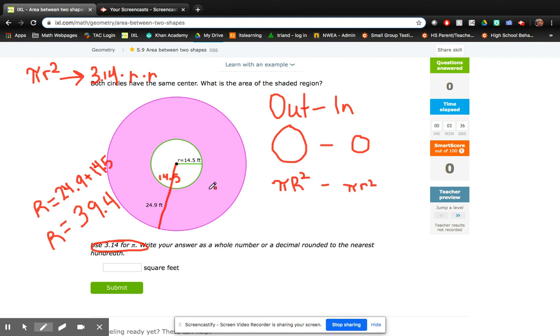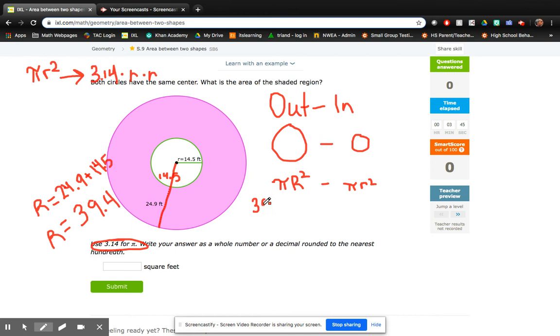Okay, and so when I put my 39.4 in, I'm actually going to be typing in my calculator 3.14 times 39.4 times 39.4 for the area of that outer circle. Okay, so that's this guy. Pi times radius times radius.